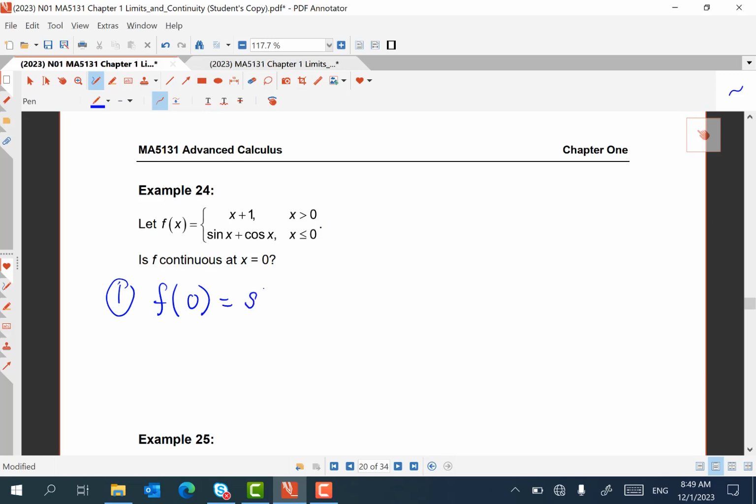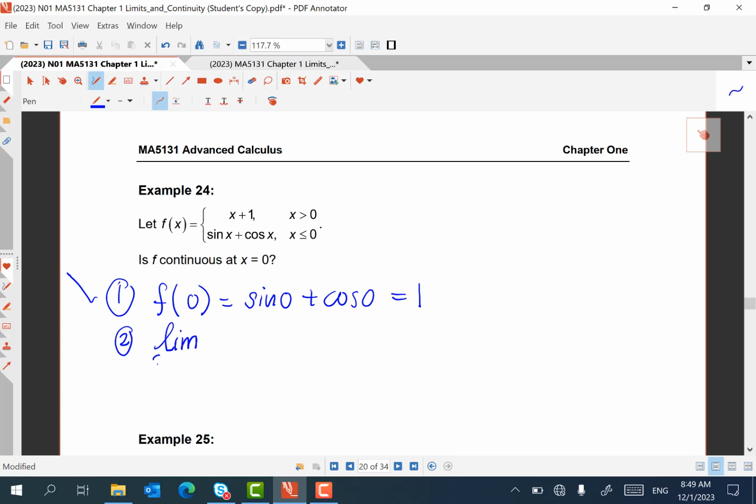Based on the function given above, it is this, and the whole world knows that sine 0 is 0 and cos 0 is 1, so therefore 1 is true. Number 2, you have to check for the limit.